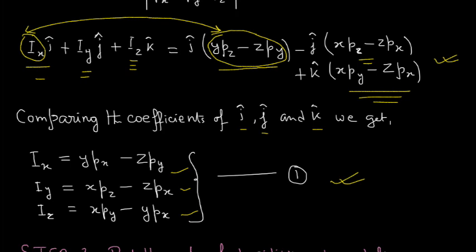So we can get this equation 1 as lx is equal to ypz minus zpy, ly is equal to zpx minus xpz, lz is equal to xpy minus ypx.